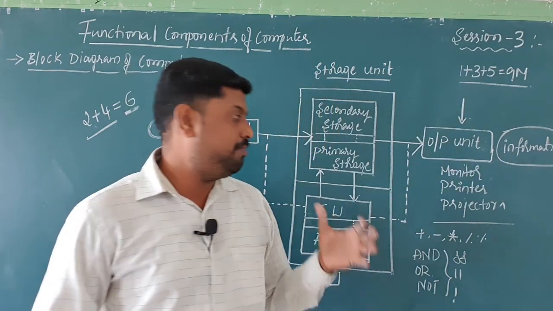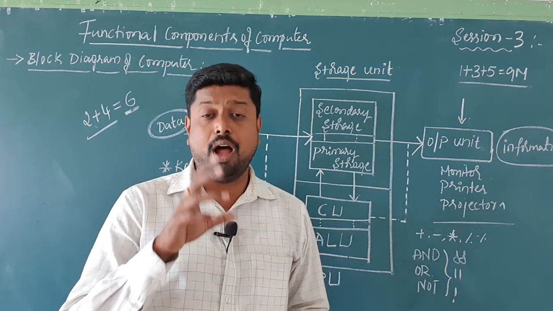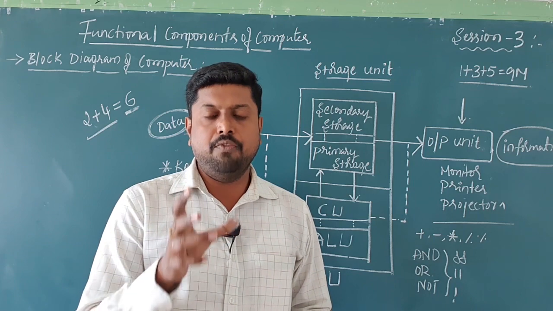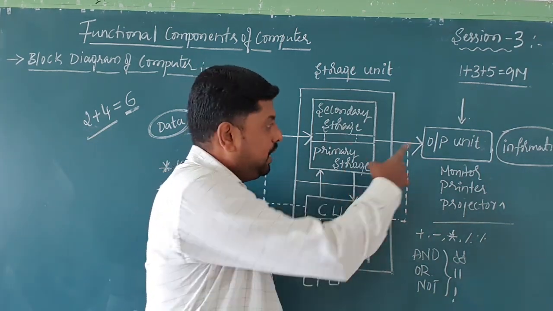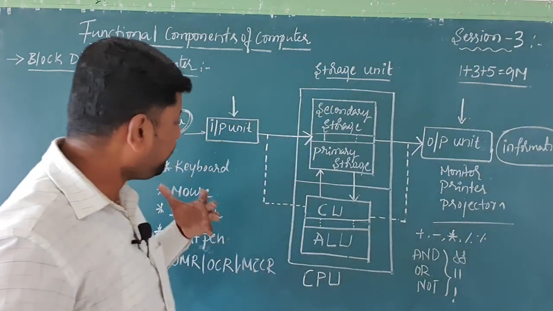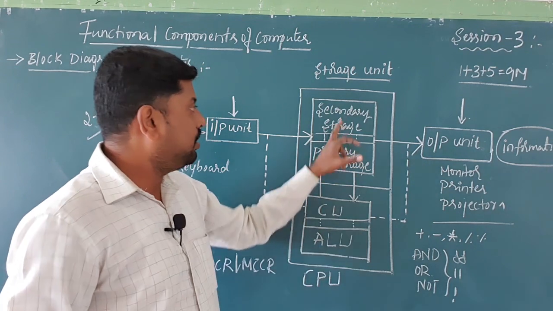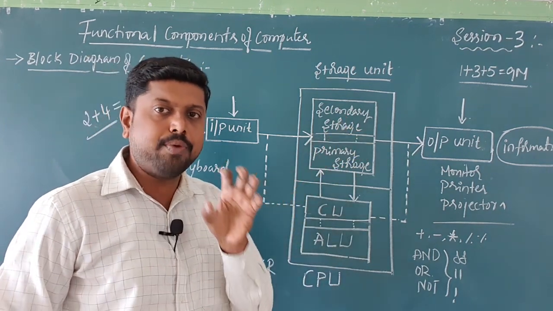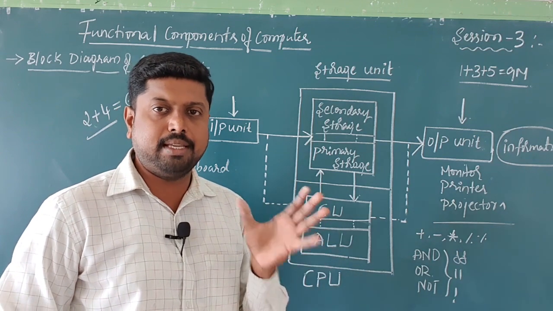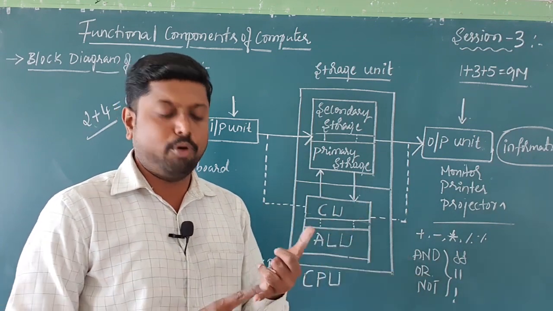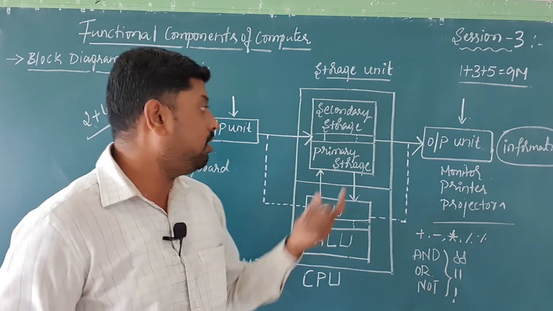So this is a best example to explain the block diagram of the computer, how one computer will operate with its inputs, process, and output. If I go in depth into the CPU unit, secondary storage will save the data permanently with the help of secondary storage devices, as I said earlier: memory cards, pen drives, CD drives, optical discs and so on.